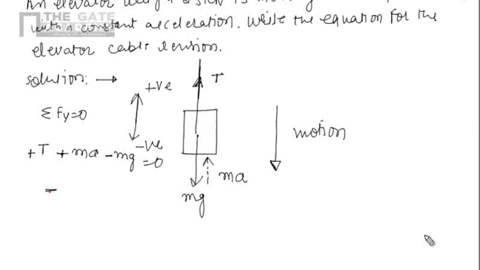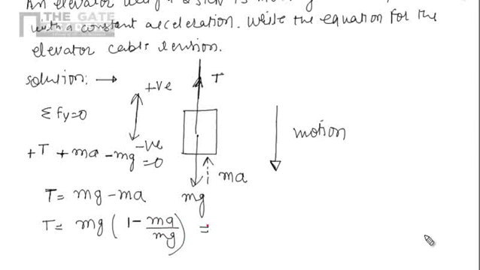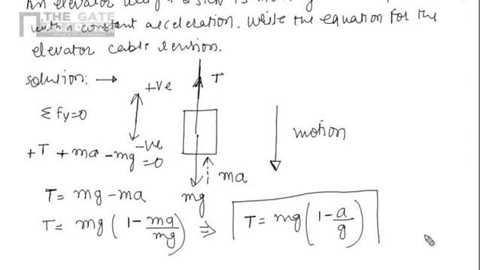So I can write T equals mg minus ma. Now if we take mg out, T equals mg times 1 minus ma by mg. So we get T equals mg times 1 minus a by g. This is the desired equation for the elevator cable tension.